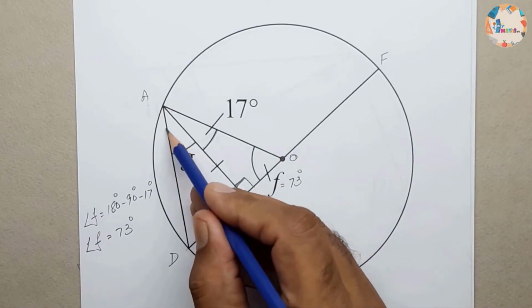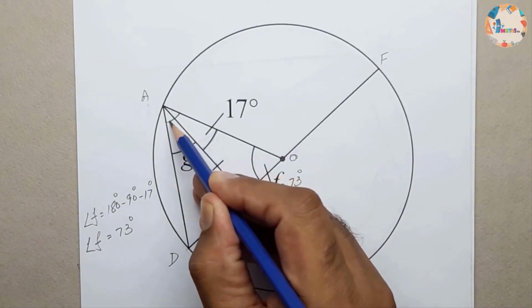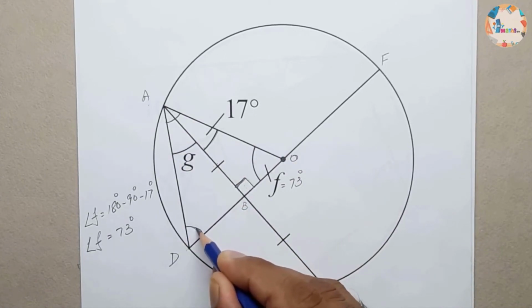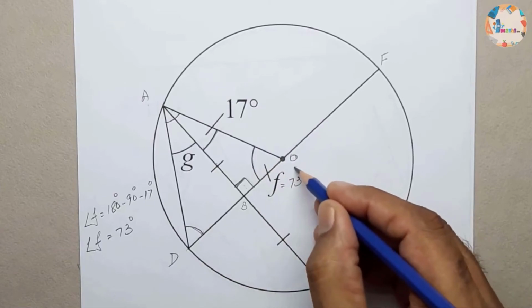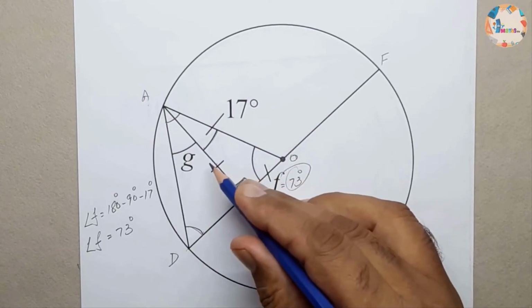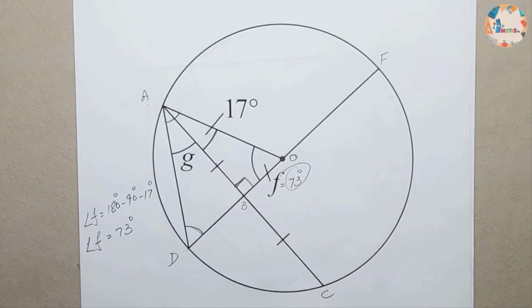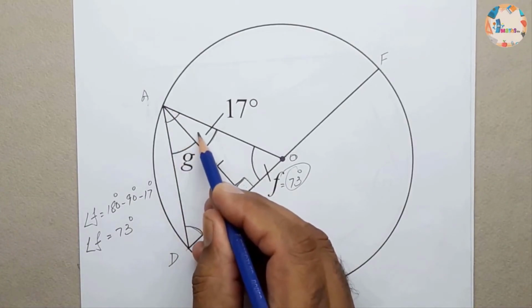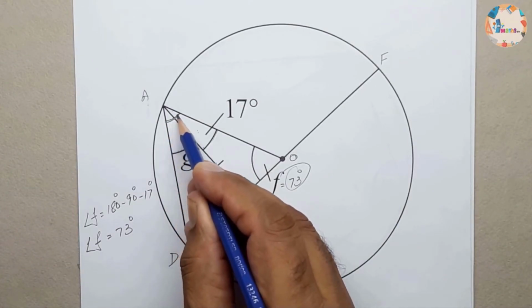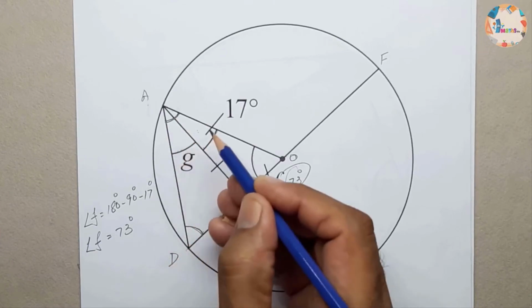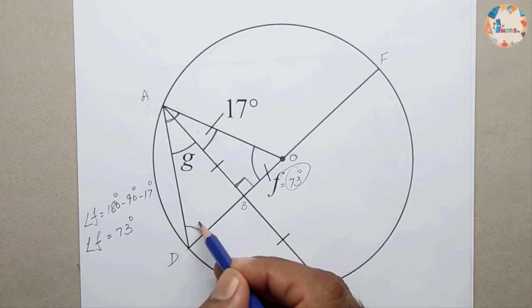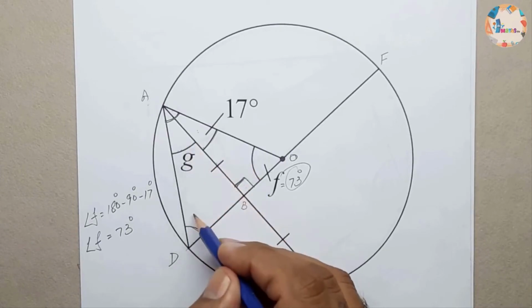So this complete angle A will be equal to this angle. This one we know is 73. So what will the remaining angle be? We can say that this angle, G plus 17, will be equal to 180 minus 73, divided by 2.